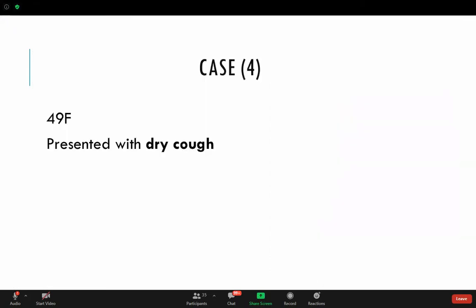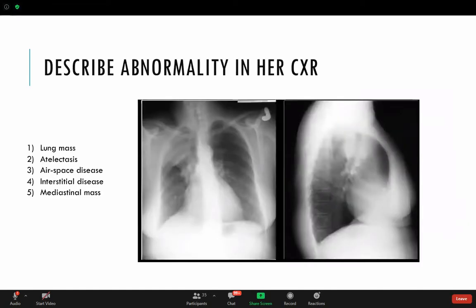Okay. So you have a 49-year-old female presented with dry cough. This is her symptoms. So what do you see in the chest X-ray? And I give you 5 options. Is this a lung mass?